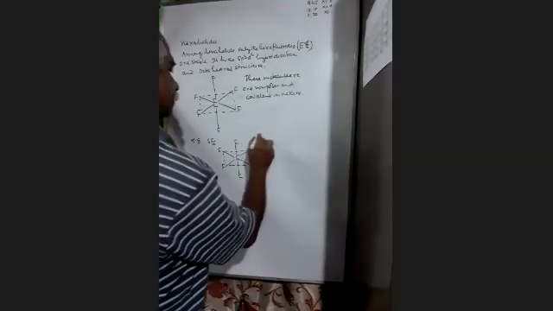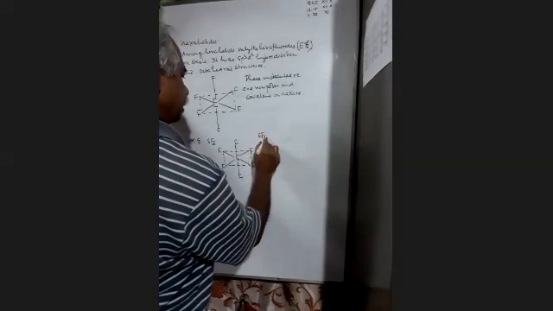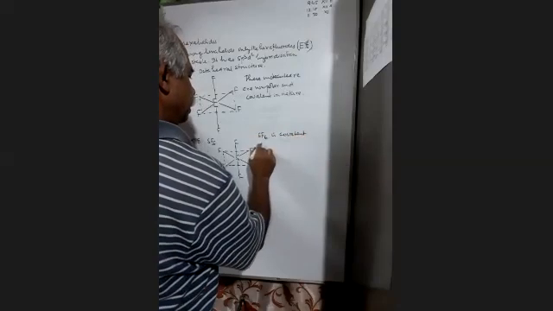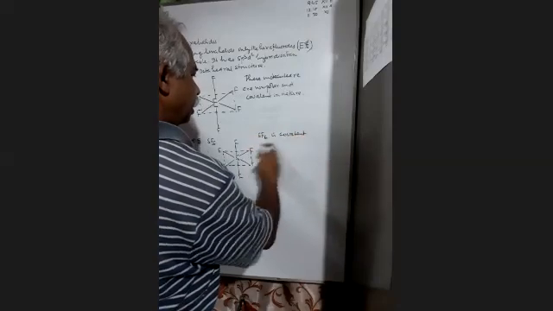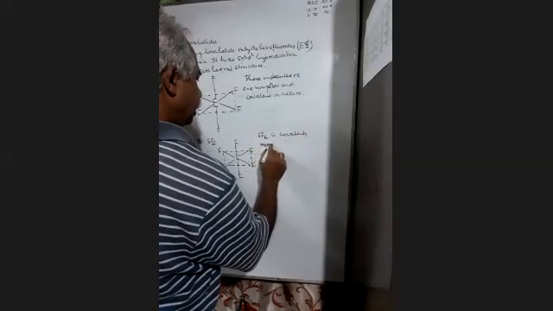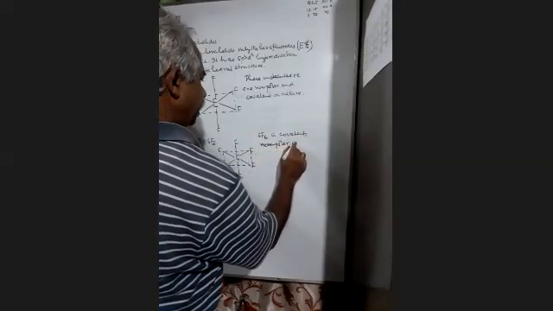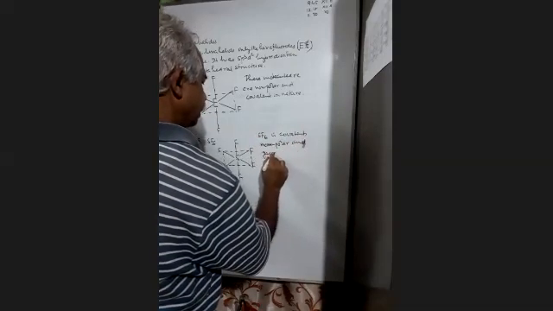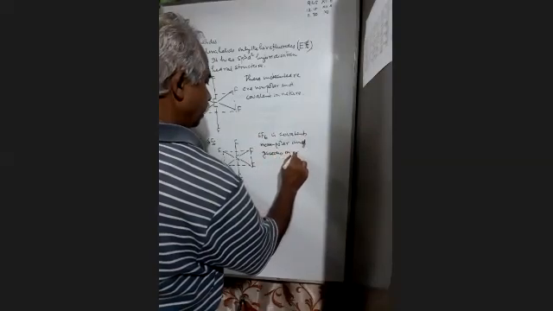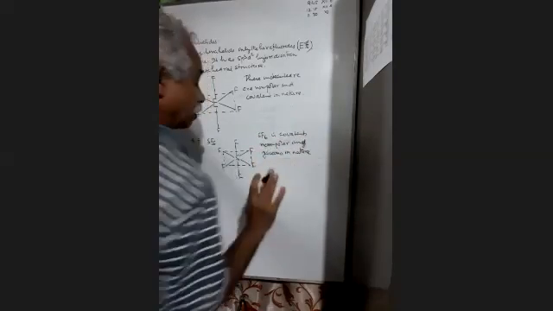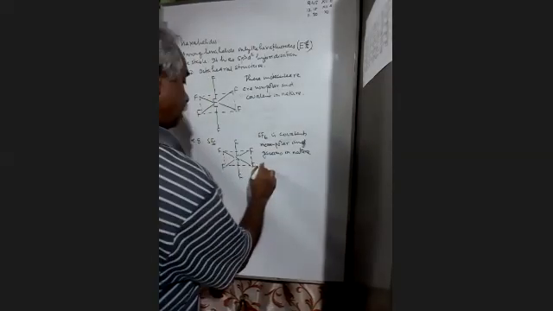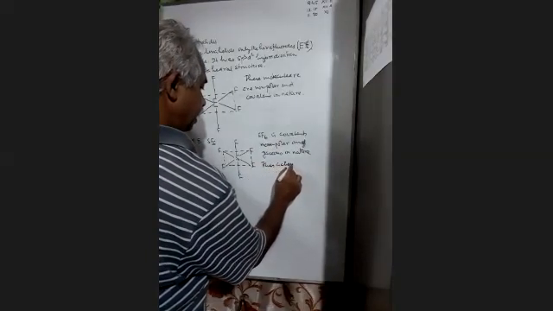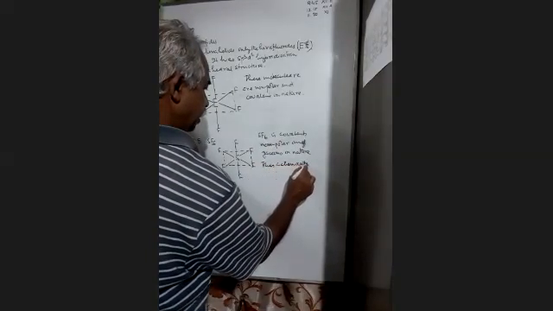So we'll write now here, SF6 is covalent, non-polar, and gaseous in nature. Okay, now try to understand. This is chemically inert.